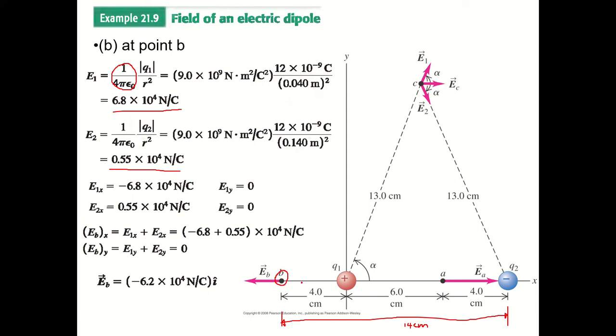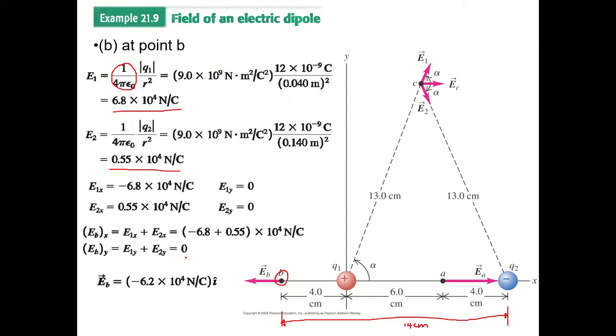Going to the left, meaning after we calculate, because this is E1 sub x, we get this negative because it's in this direction, and this one is positive going to the right. So when you sum up the two, we get this result: negative 6.2 times 10 to the 4 Newton per coulomb. The i means the horizontal component.